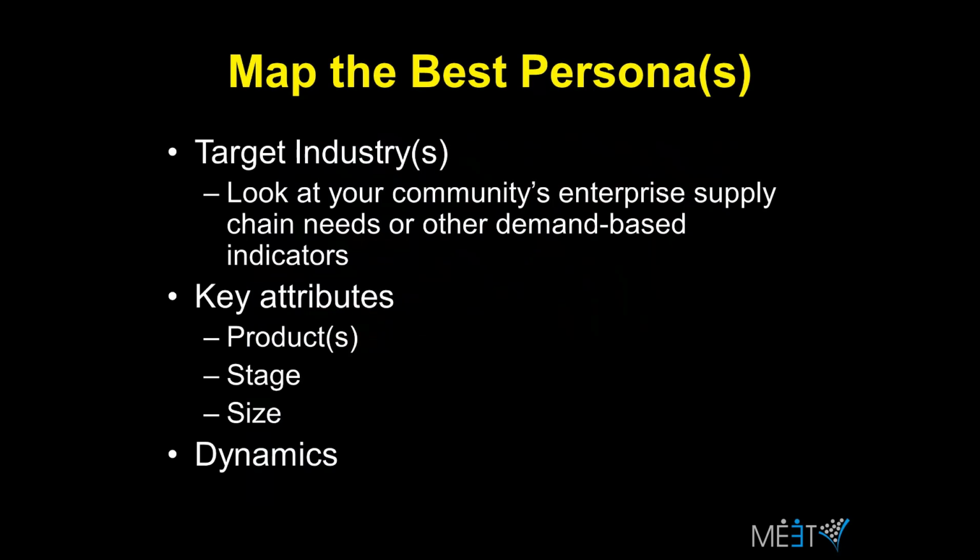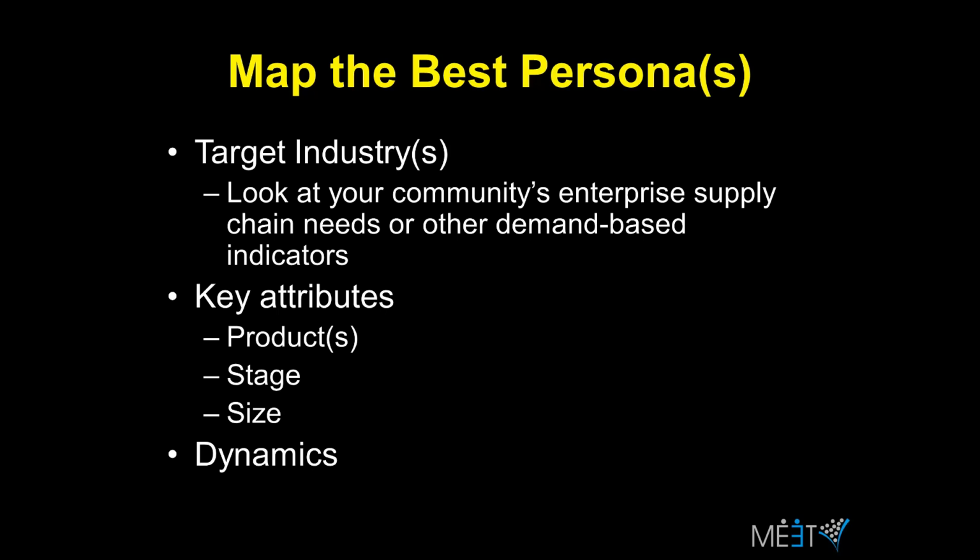So here's a list of how we might begin mapping that, and this is somewhat situational. These are just examples, and it really depends on the specific client in terms of the types of attributes and questions we might ask to tease this information out and develop a persona map.